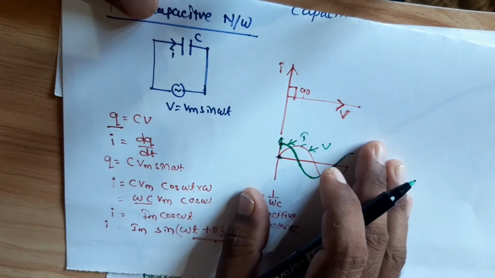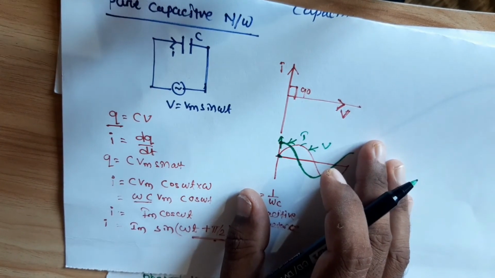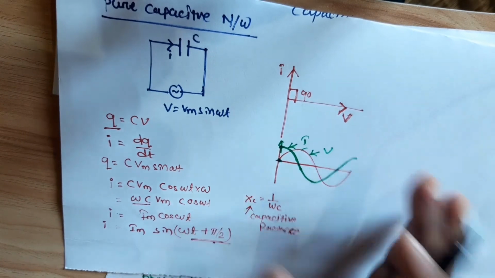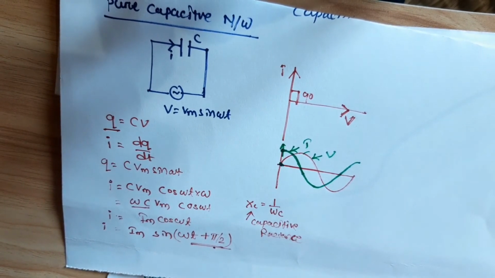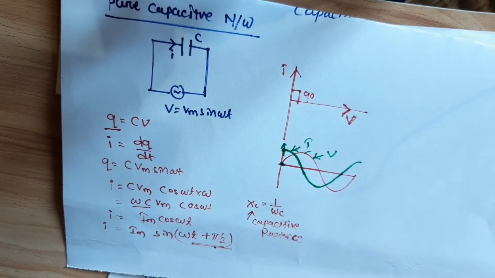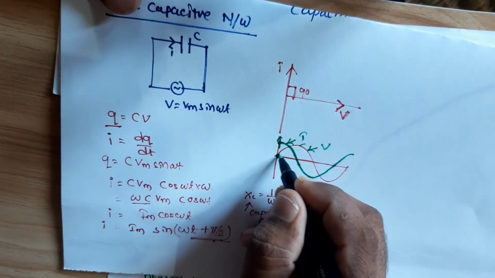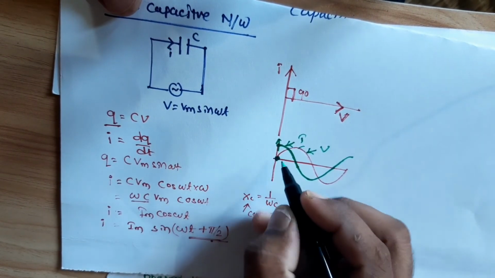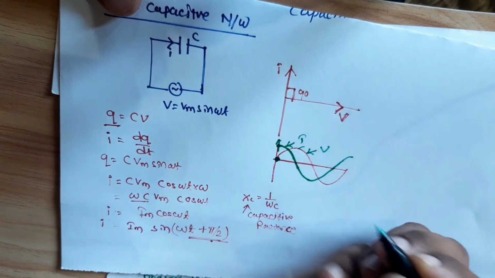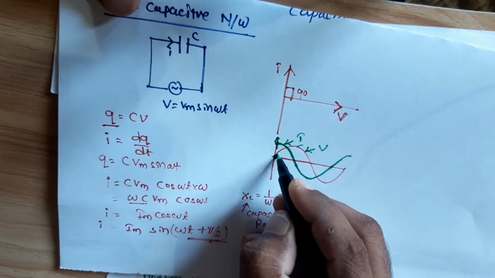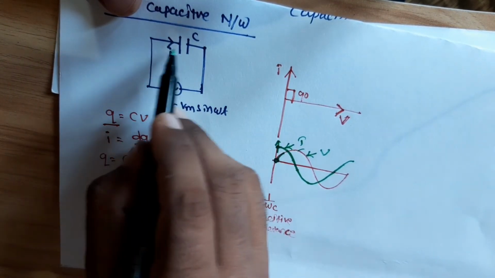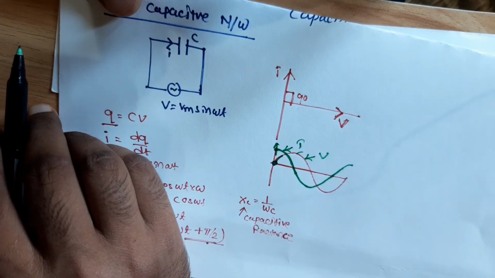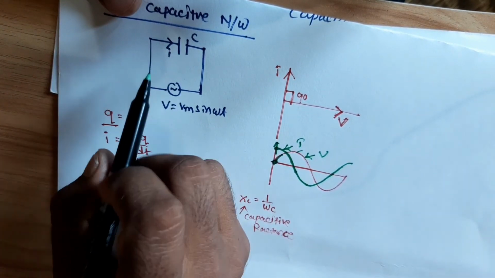Then see, in the case of a capacitor, when you apply the AC voltage, it has an oscillating nature. When the voltage is 0, it starts applying and the capacitor is uncharged.